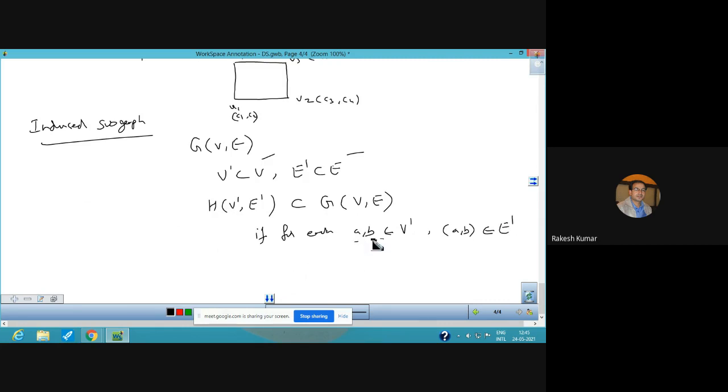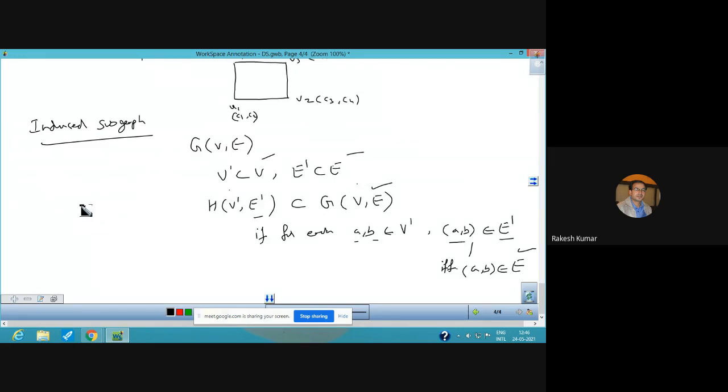Now just see, these are vertices, and vertices together as an ordered pair form an edge. So this is an edge belonging to this edge set if and only if the edge AB is also lying in edge set E. This means that the edge set you make with the help of vertices, that edge should be in both, in G as well as in H.